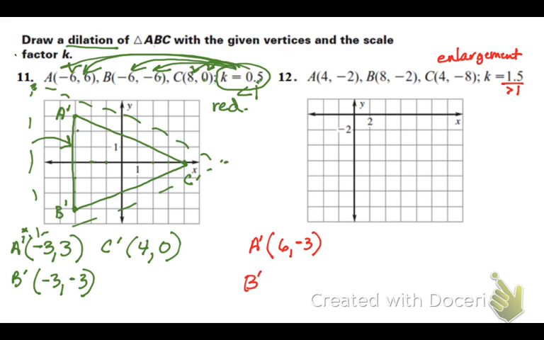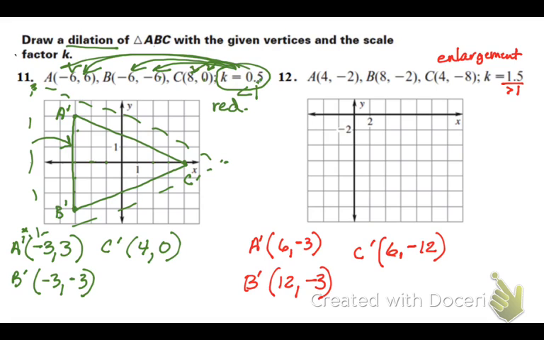For B prime, 8 times 1.5 is 12, and negative 2 times 1.5 is negative 3. For C prime, 1.5 times 4 is 6, and 1.5 times negative 8 is negative 12.